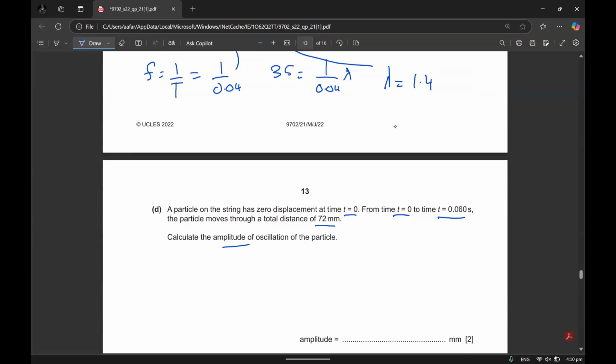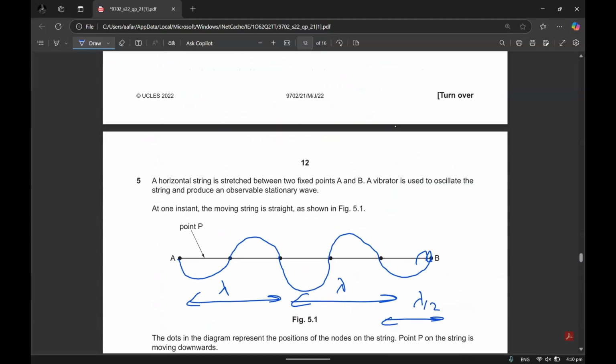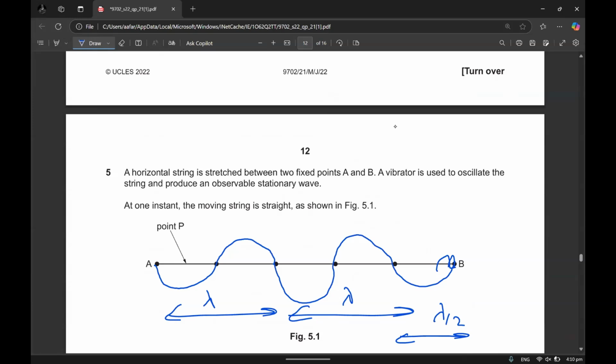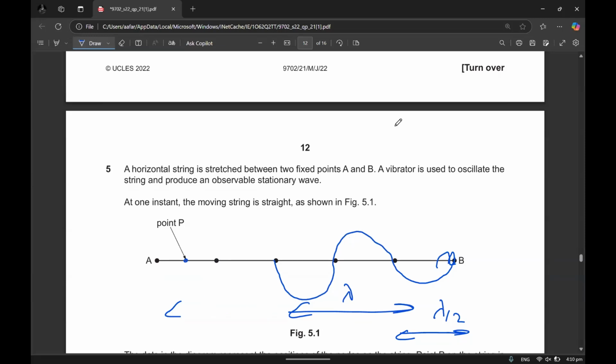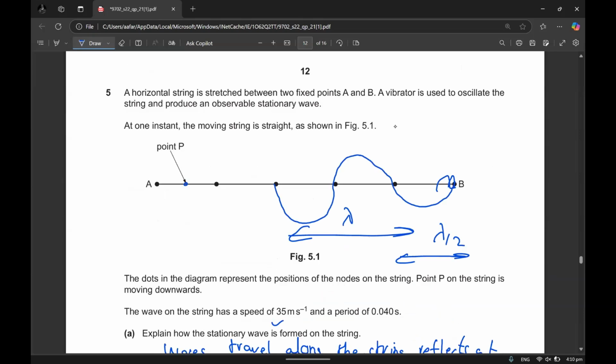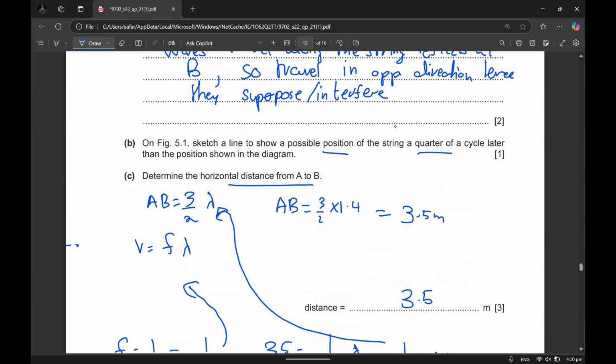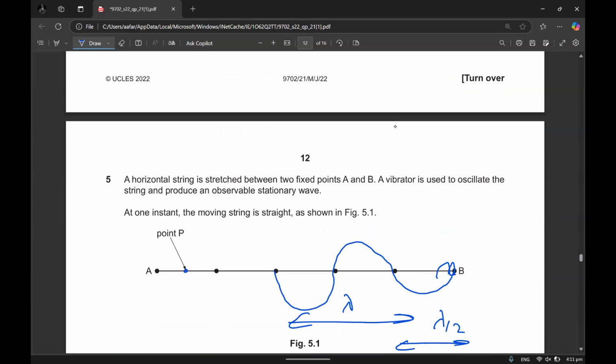So let's say the particle is at point P. In 0.06 seconds, it travels 72 millimeters. We know that it travels one amplitude in 0.01 seconds, since its time period is 0.04.